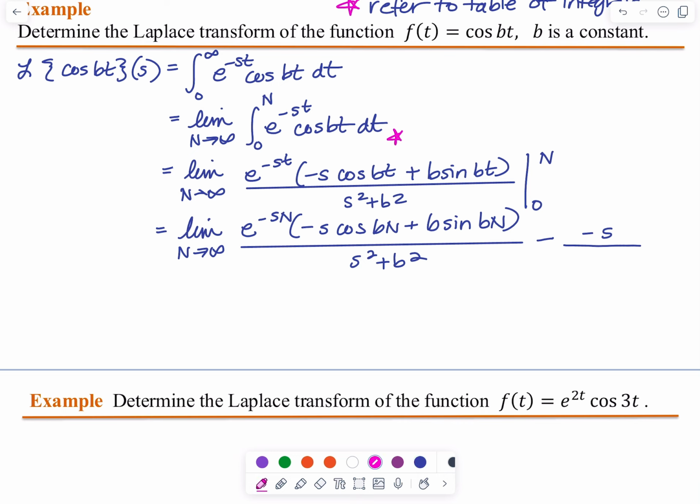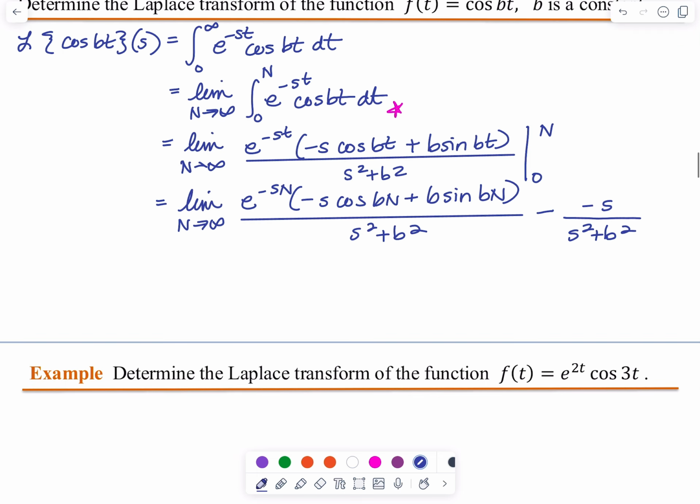You can see we will have just that negative s remaining, divided by s squared plus b squared. And we have s over s squared plus b squared.